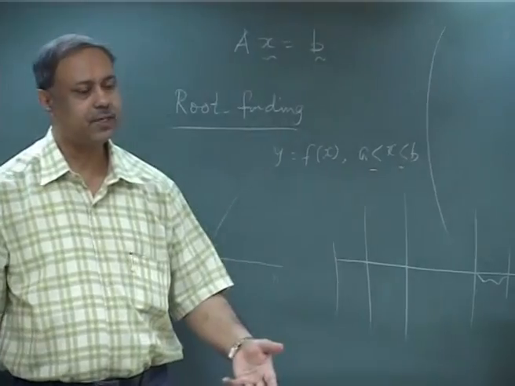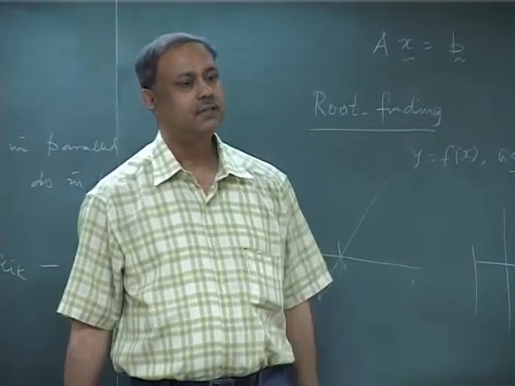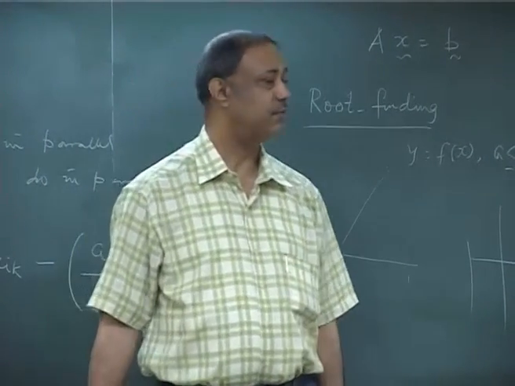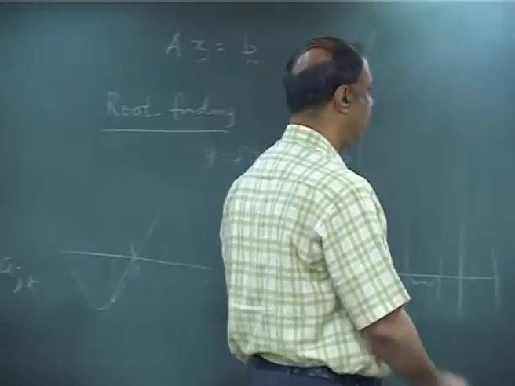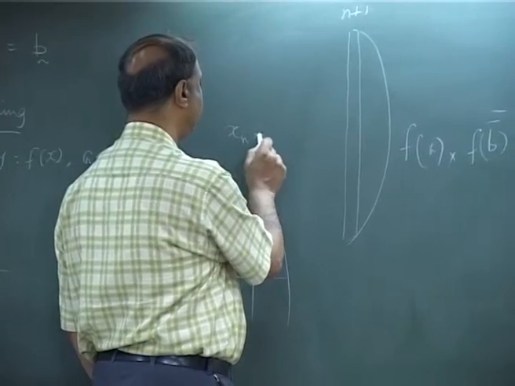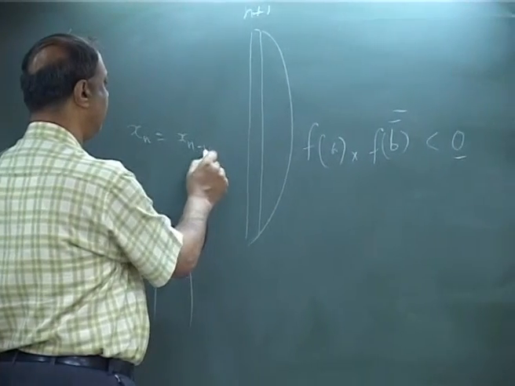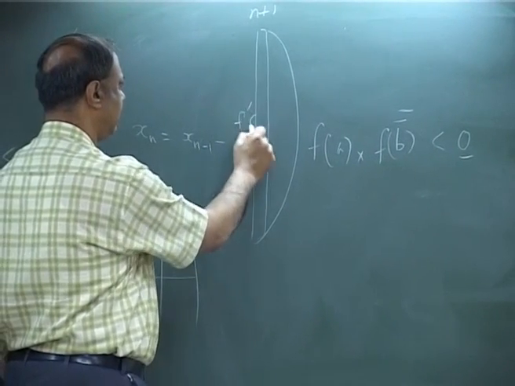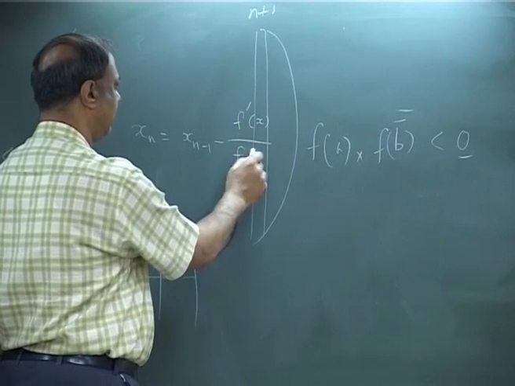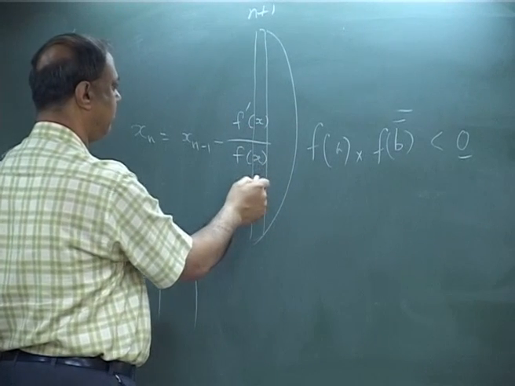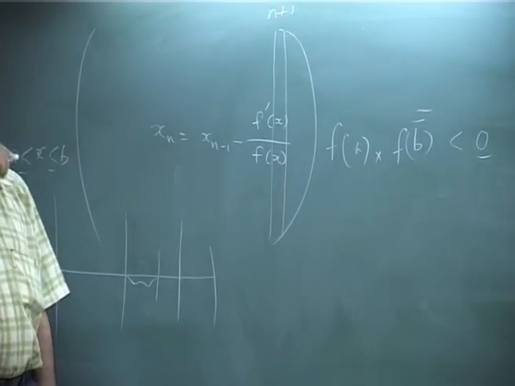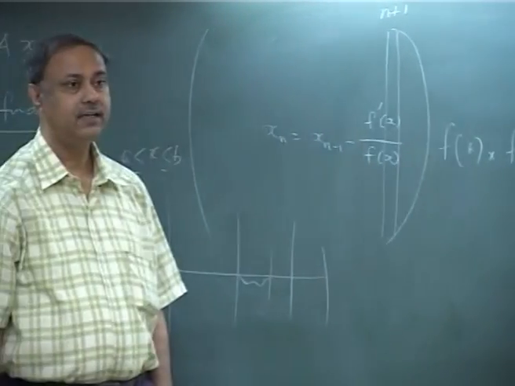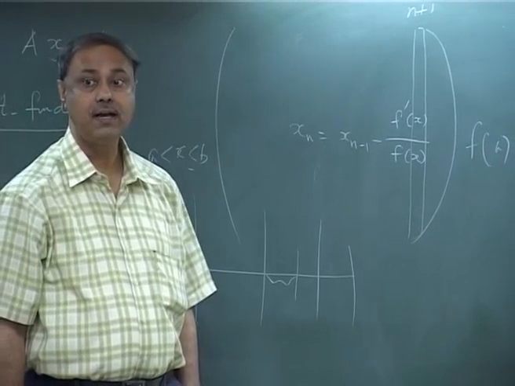Now think about the Newton-Raphson method. I forgot the formula. Who can help me in writing the formula? x_n is equal to... this one is correct.